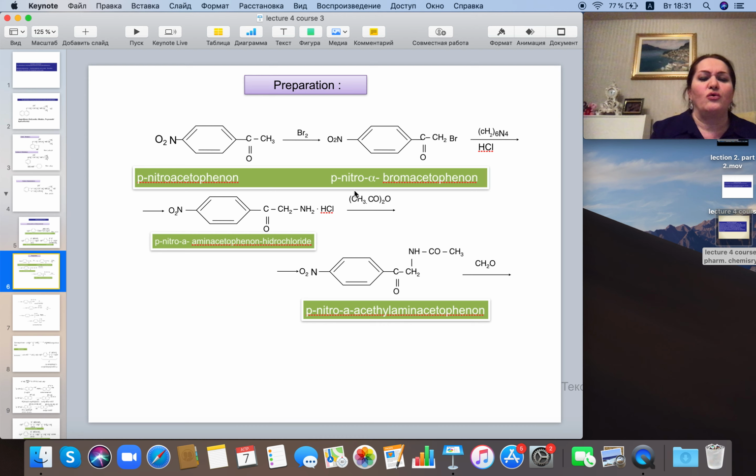By bromination of this substance we receive para-nitro-alpha-bromoacetophenone. Then it reacts with hexamethylenetetramine and forms para-nitro-alpha-aminoacetophenone hydrochloride, and reacting with acetic anhydride we receive para-nitro-alpha-acetylaminoacetophenone.